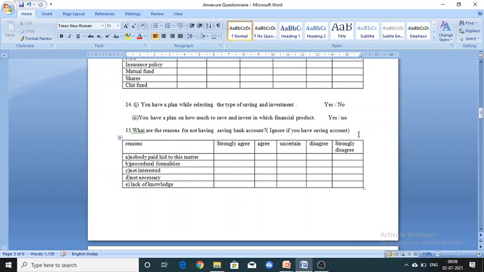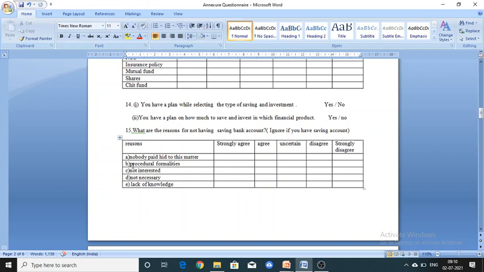So what should be avoided? That means for the respondent, the researcher must give proper instruction. So this is important for item writing. Say the first reason, nobody paid heed to this matter: strongly agree, agree, uncertain, disagree, strongly disagree.